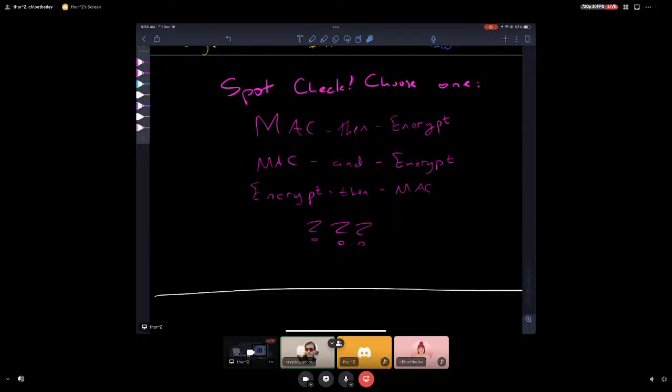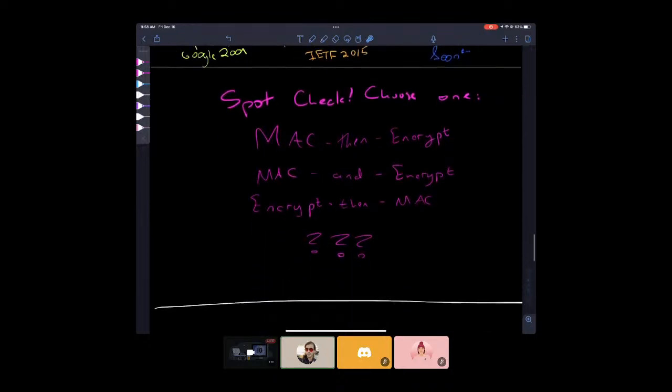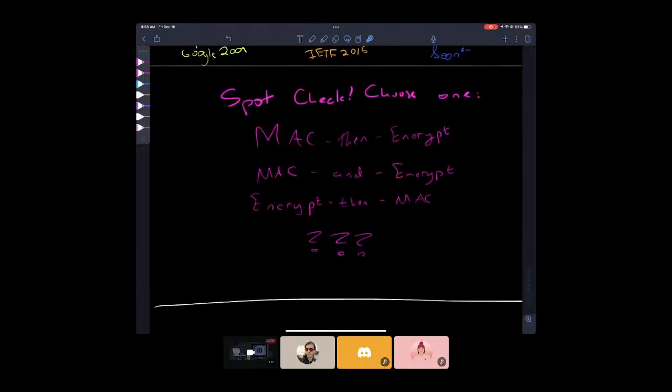And the approach taken by both of the AEADs that we've just discussed, AES GCM mode and Cha-Cha 20 Poly 1305, both operate on a stream cipher that encrypts a message and then takes the MAC of that encrypted stream cipher output. So in both of those cases, encrypt then MAC is the chosen direction.